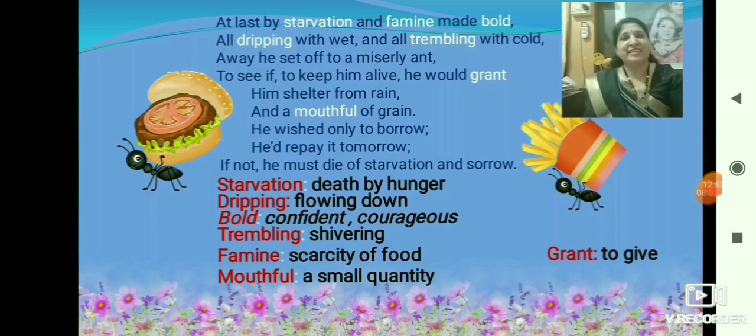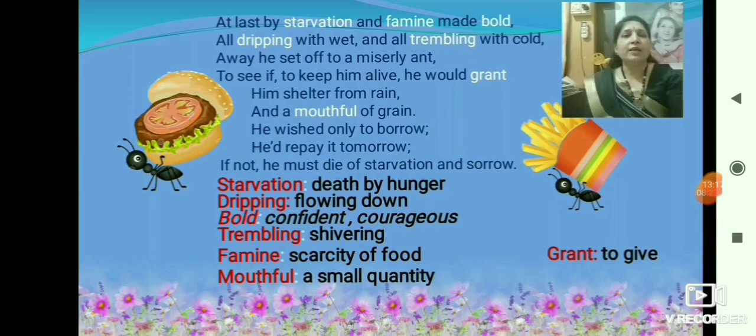Miserly means what? That is kanjus, makhi chus, है ना? Kanjus. That miserly ant. Afterwards, he made his way towards a miserly ant. Means he thinks that ants are misers and will not give, but I will request the ant.